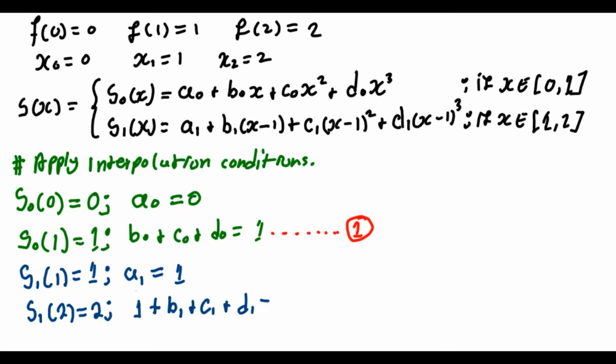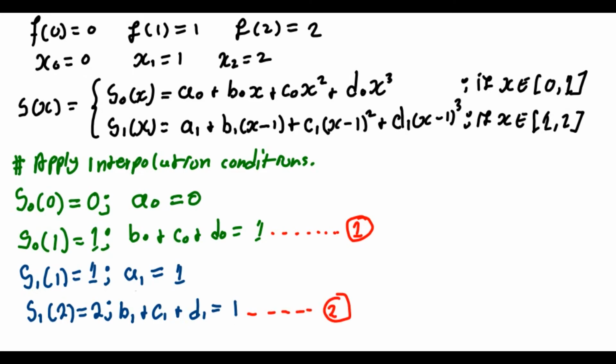But remember, this is supposed to be equated to this one. And what is that? That is equal to 2. When this comes to the other side, you're going to subtract. So this whole thing is just equal to 1. Let me just move it here. So this is just equal to 1, and allow me to name this as our equation 2.